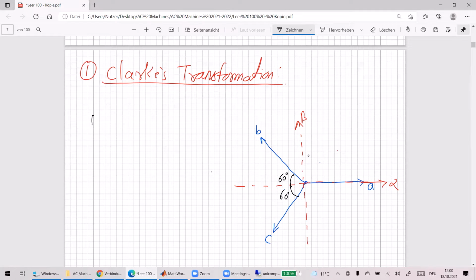If we want to find F alpha, I just write F here; it can be anything, current or voltage. You can write V alpha if you wish.